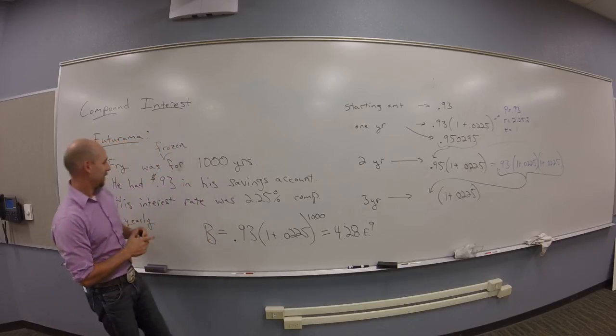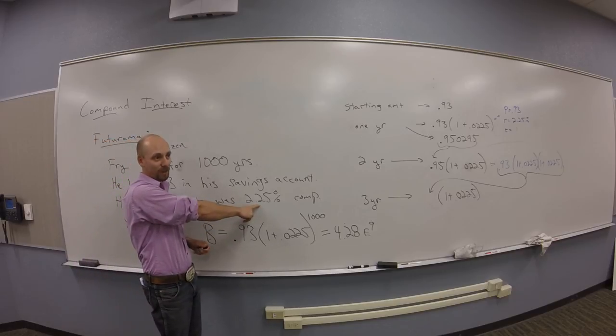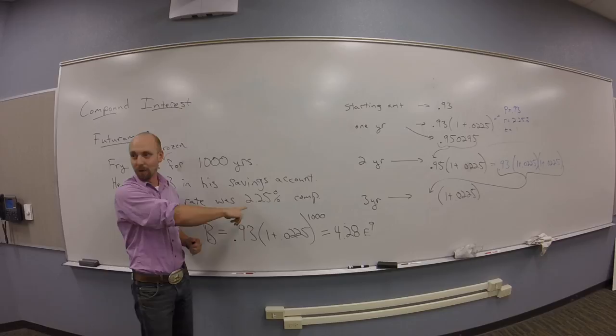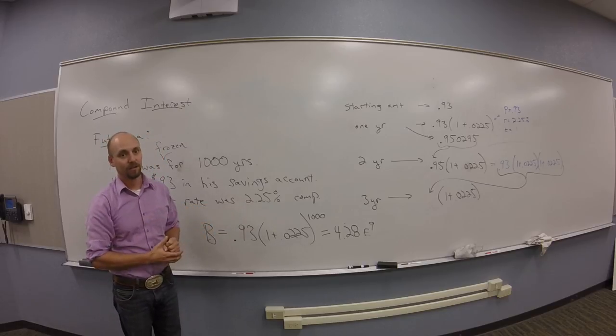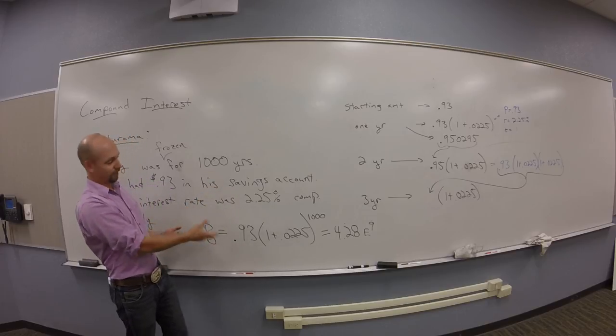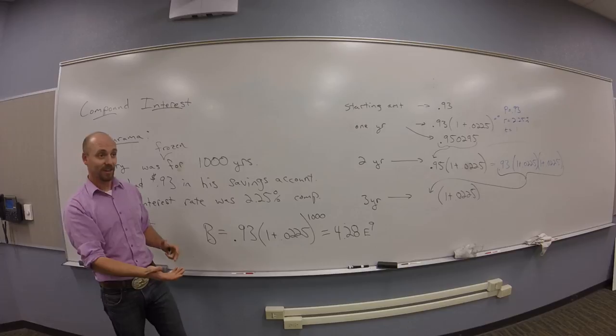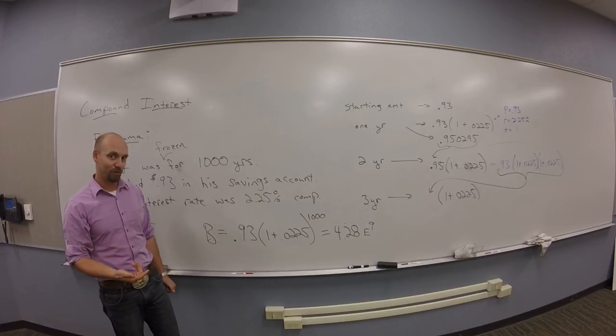Of course, this interest rate is probably actually running at about inflation. That's really about what your savings account interest rate is. It's about even with inflation. So it's $4.3 billion, but in 1,000 years they'll probably be printing $4.3 billion notes.